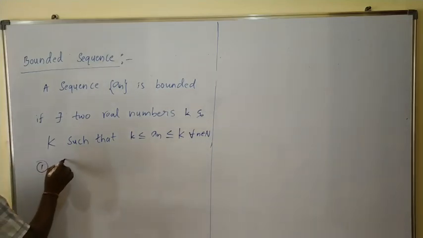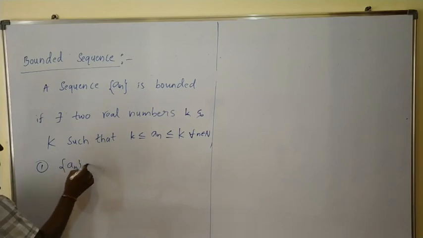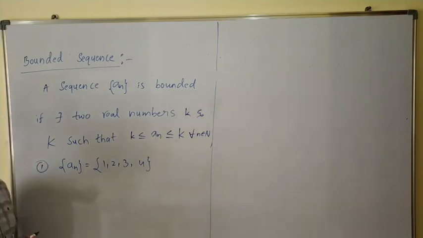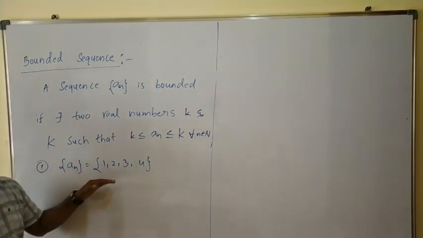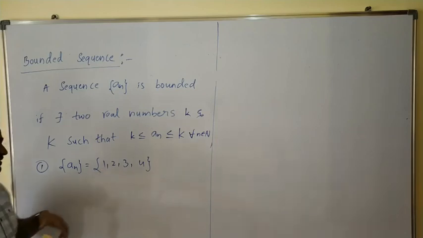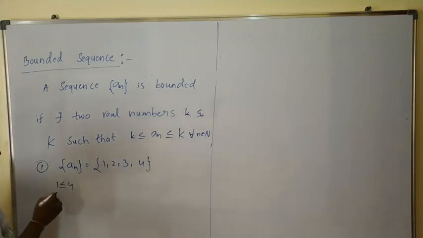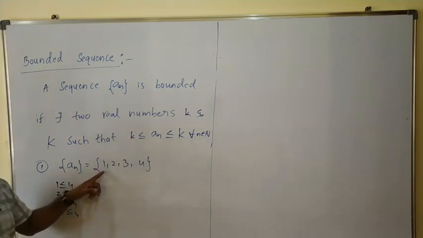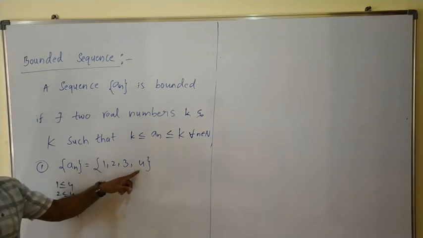For example, suppose you have a sequence like this: 1, 2, 3, 4. Now we want to find the upper bound and lower bound of this sequence. If we observe, the number 1 is less than or equal to 4, the number 2 is less than or equal to 4, the number 3 is less than or equal to 4, the number 4 is less than or equal to 4. That means every term in the sequence must be less than or equal to 4.